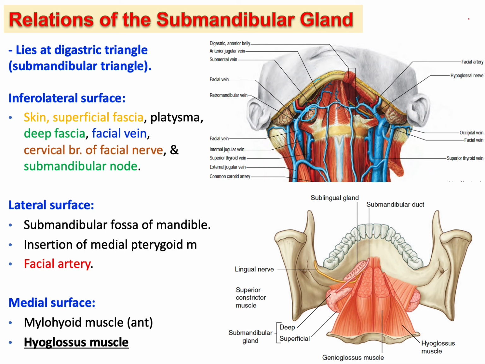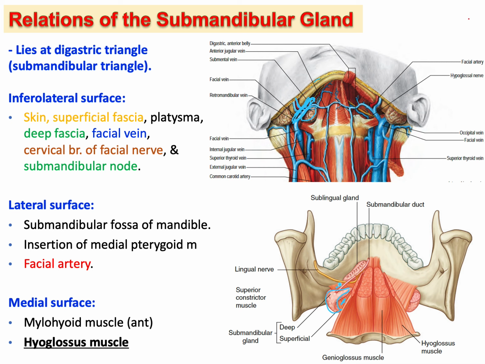Laterally we have the facial artery, guys, and the insertion of the medial pterygoid muscle here, and the submandibular fossa of the mandible, that's located here, guys. These are lateral. Now, importantly, we have in the inferior figure, look at it, this is the submandibular gland. Medially, we have two muscles, simply two muscles.